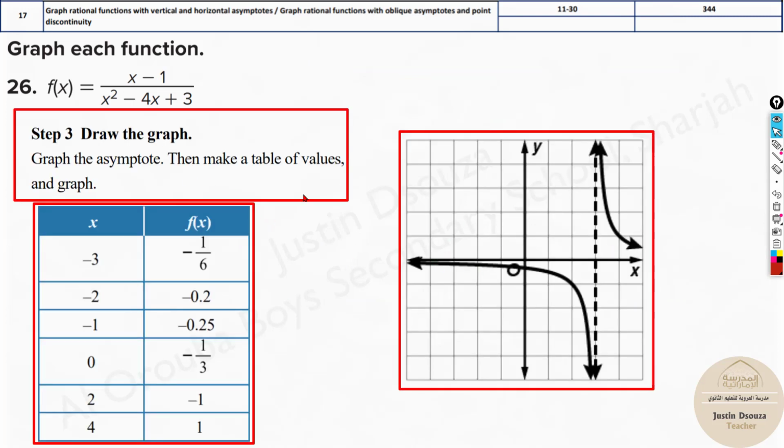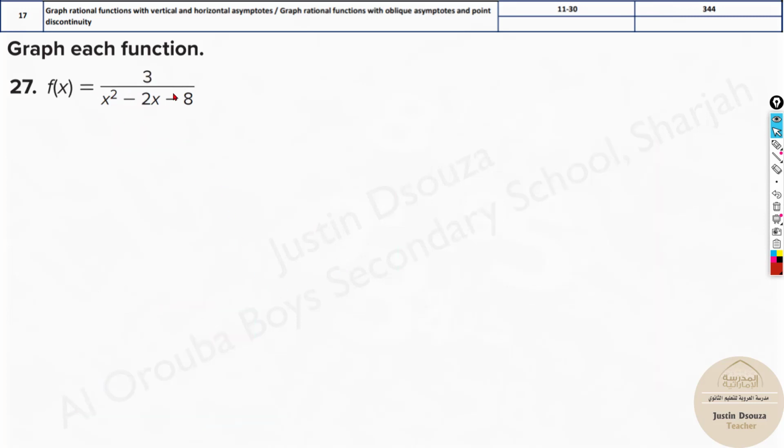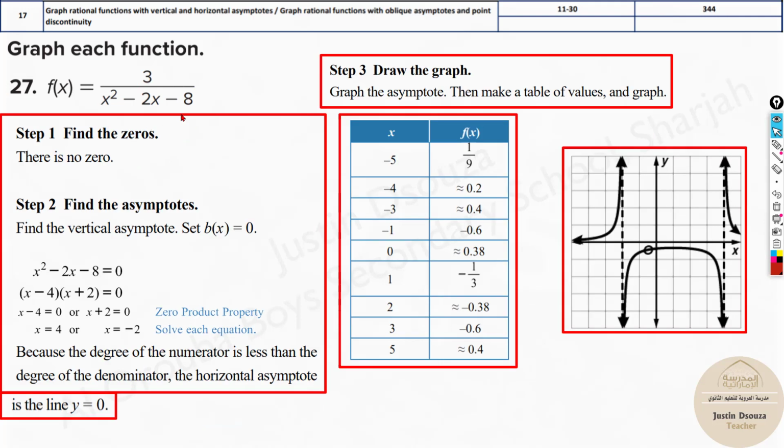Here it's always at 0 whenever the numerator degree is less than the denominator. And here as well, you can easily solve it up. Because there is no degree over here, the degree in the denominator is greater than the numerator. We have horizontal asymptote at 0, and the other points can be easily found out by the table of values.